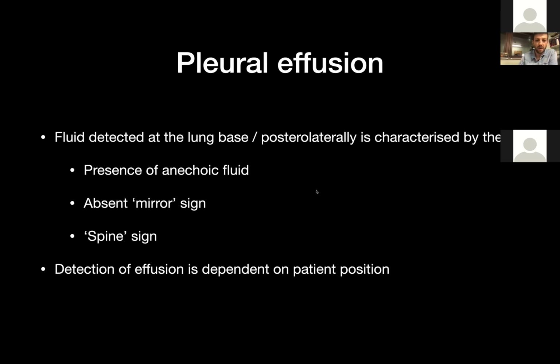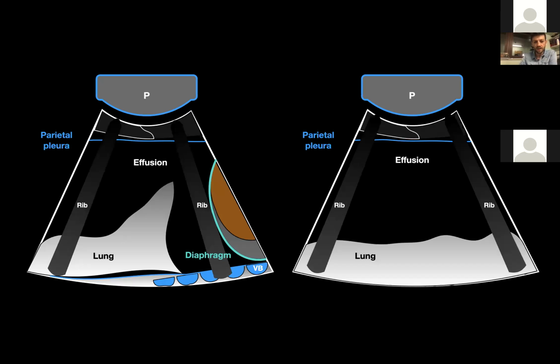And again, the anechoic fluid is going to create an acoustic window for us to see those thoracic vertebral bodies. So in this schematic, if we're right down at the diaphragm, we're going to see that spine sign, and we're going to see some lung floating in anechoic fluid. And then as we come up the chest, we're going to see collapsed lung within fluid.